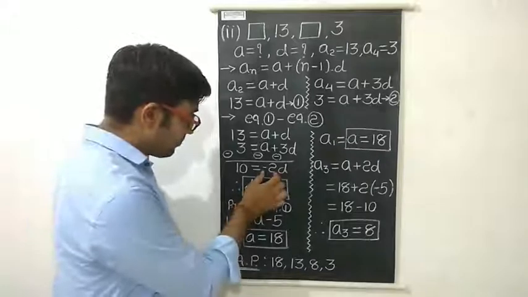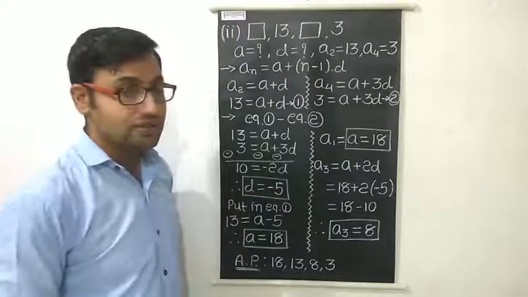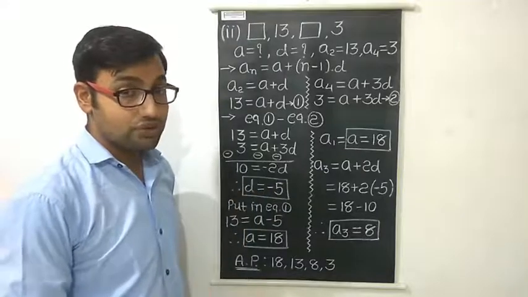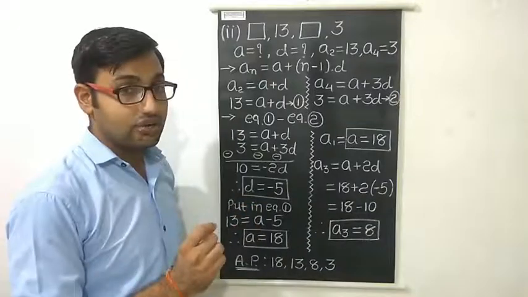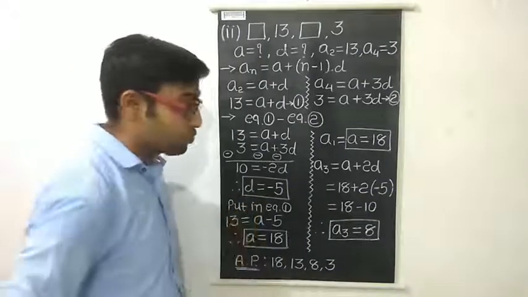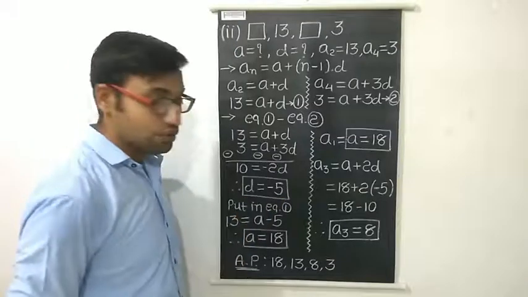Now by taking this minus 2 to the left-hand side, we get the value of d is equal to minus 5. See what I said earlier, we get the difference in the negative. So we get the value of one variable, d is equal to minus 5.